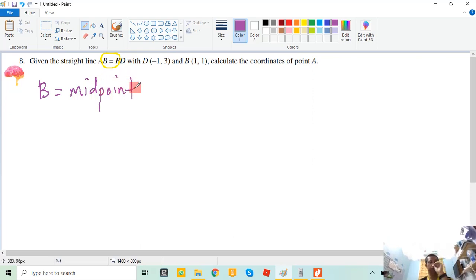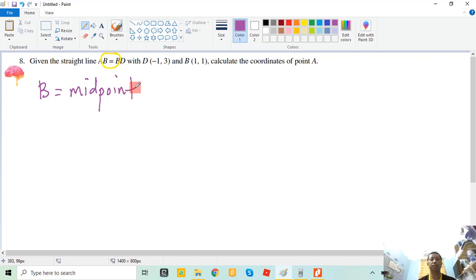That is the first information given: the straight line AB equal to BD, meaning B is the midpoint. The distance AB equals the distance BD, meaning B is the midpoint. With D (negative 1, 3) and B (1, 1). Calculate the coordinates of point A. So you want the coordinates of point A.